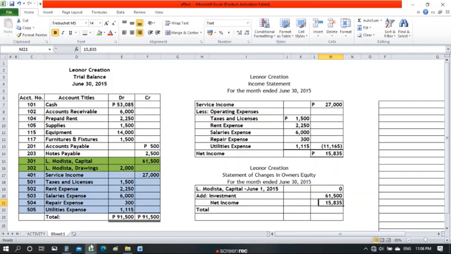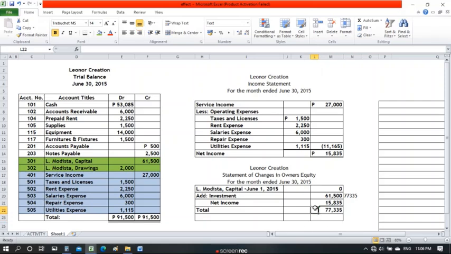So let's, from 61,500 plus 15,835, so that is, lagyan nyo ng guhit dito na makapal kasi meaning na nag-add kayo, nag-total kayo. 77,335.